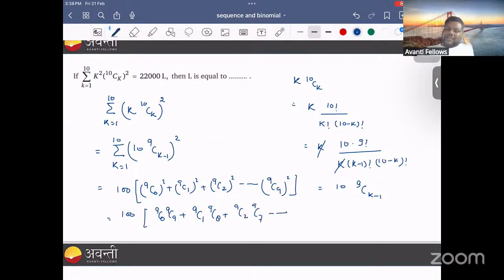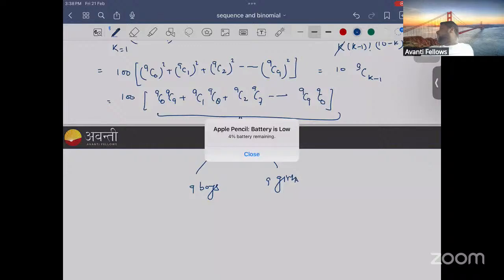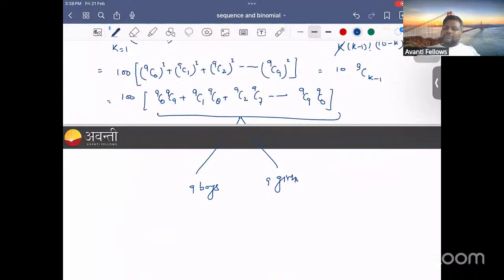Now consider this particular expression like there are 9 boys and 9 girls, and you need to make a committee of 9 students.